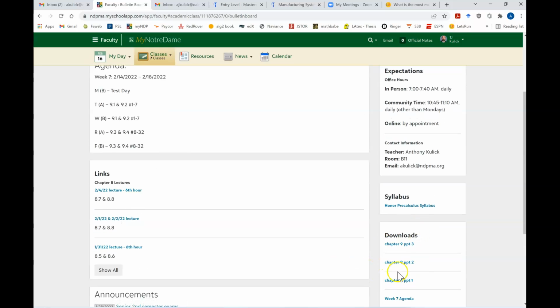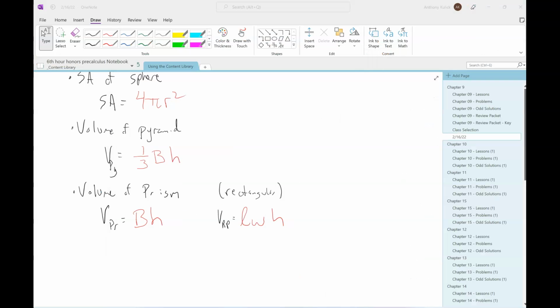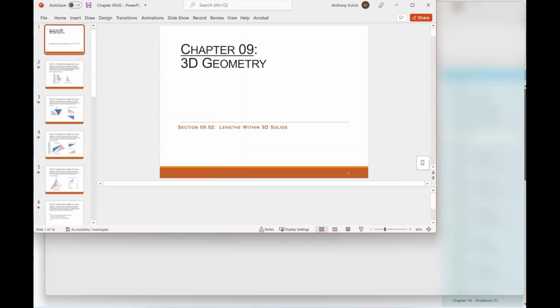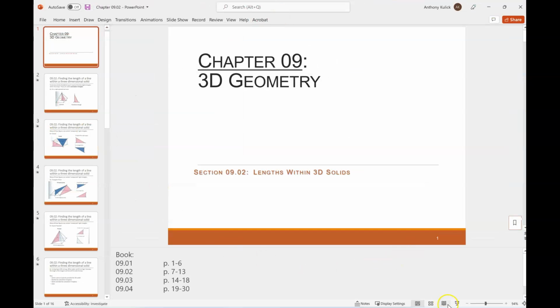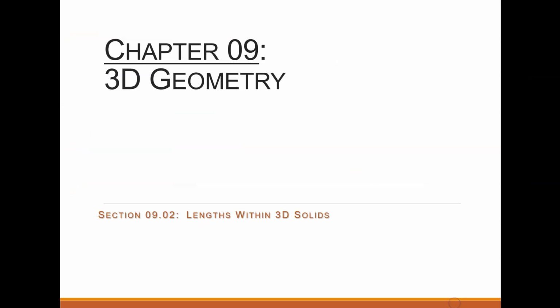If you want to go look at any of these PowerPoints, feel free. If you like to take notes by hand, I might recommend against doing such a great job on these because doing all the drawings is a hassle. But that's the plan for the remainder. We're going to do 9-2 today, then we'll do 9-3 and 9-4 next time.